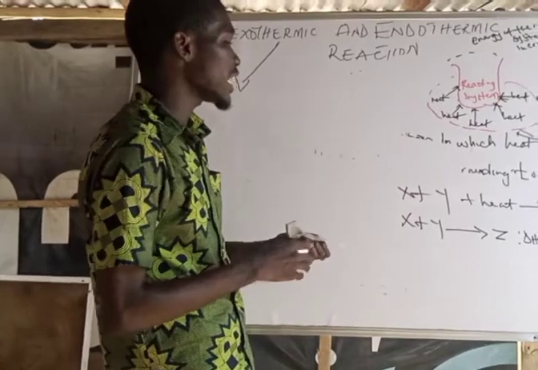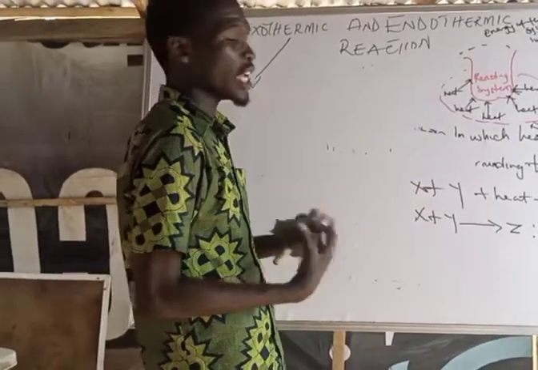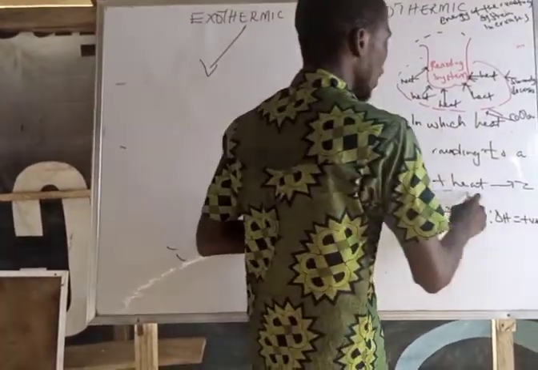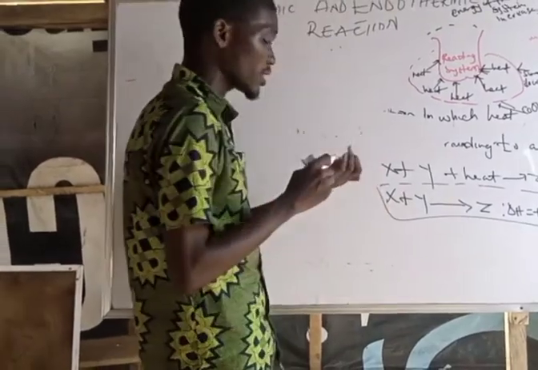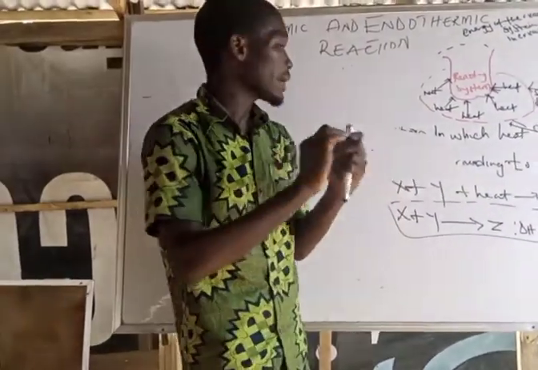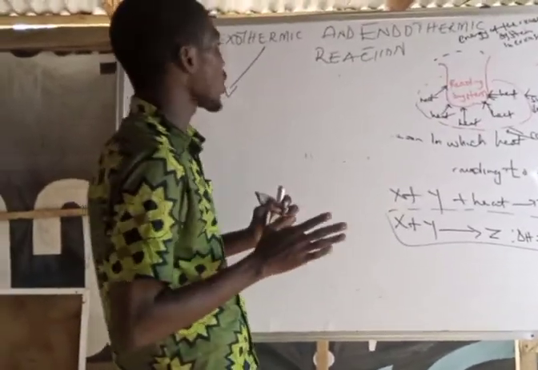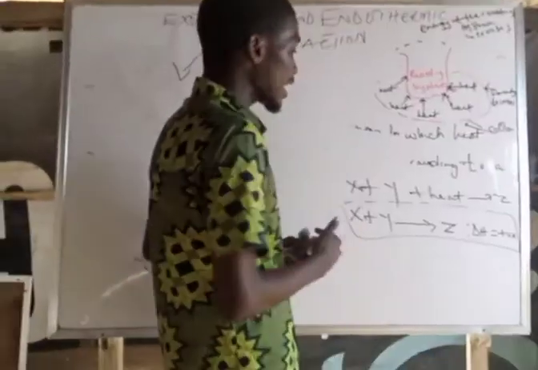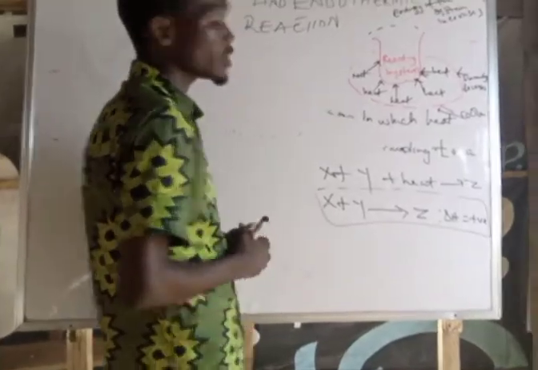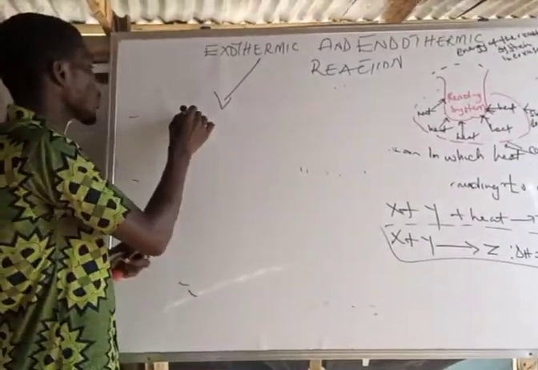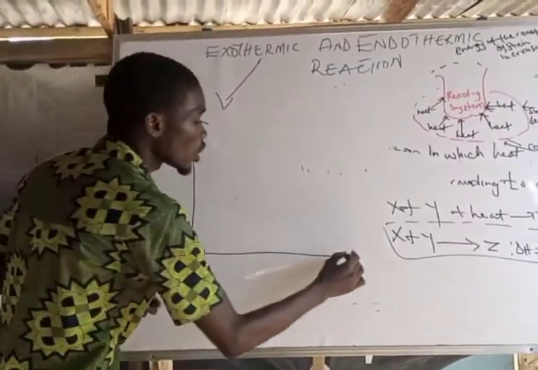And if the change in heat energy is positive, it means that for every equation given in your JAM or WAEC, if you have any chemical equation that has a positive sign, you should know that it is an endothermic reaction.